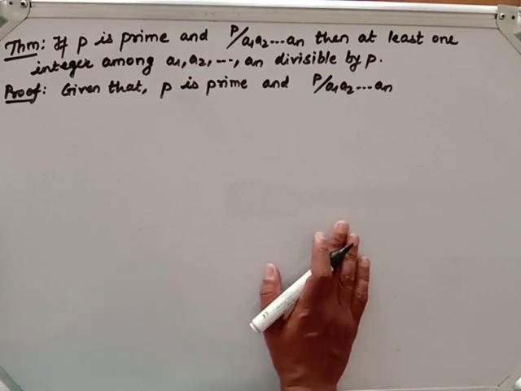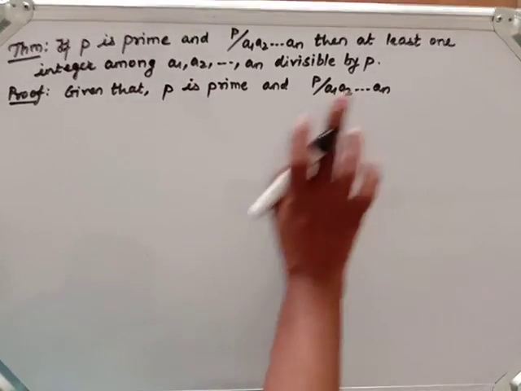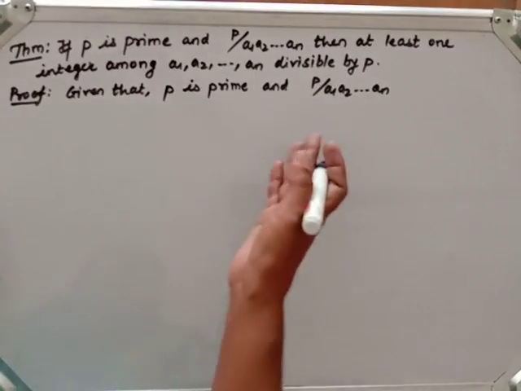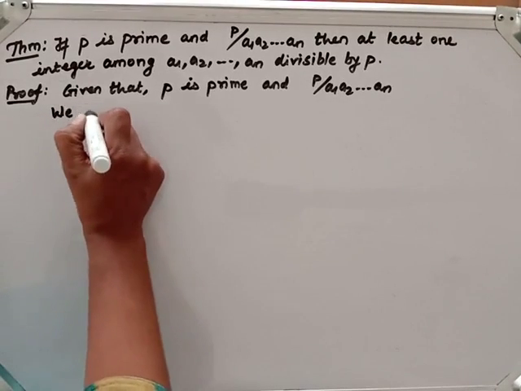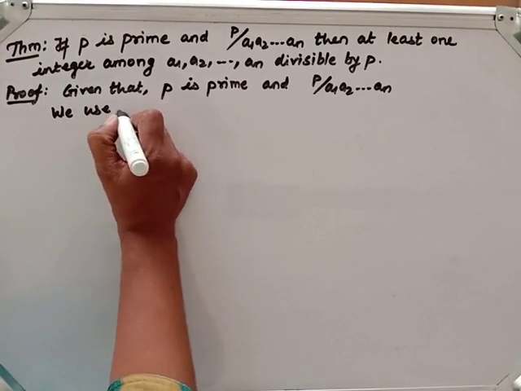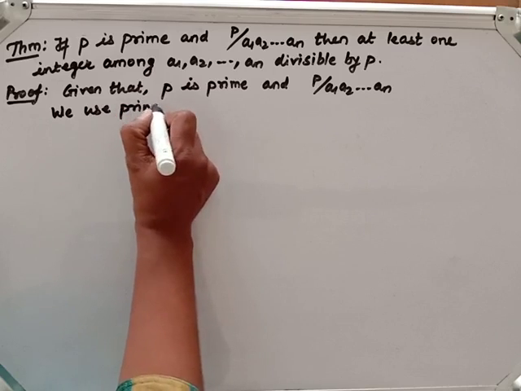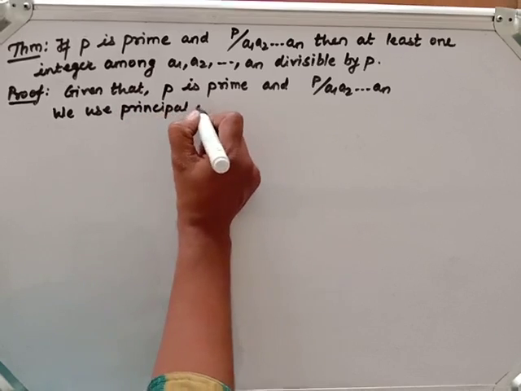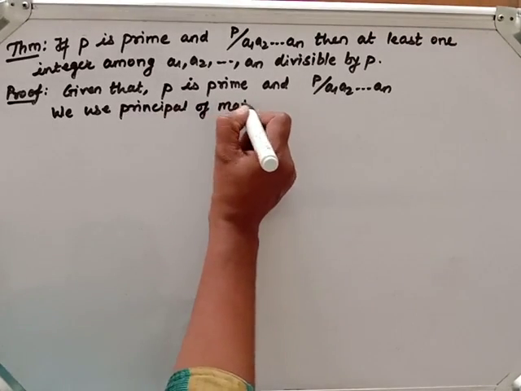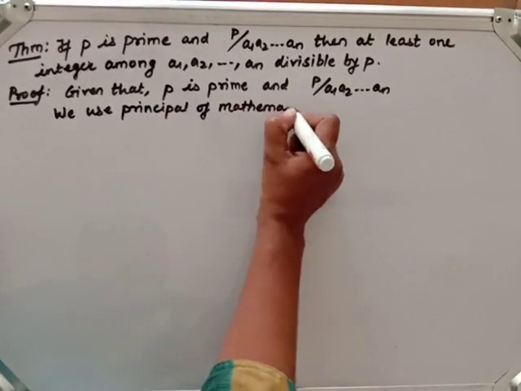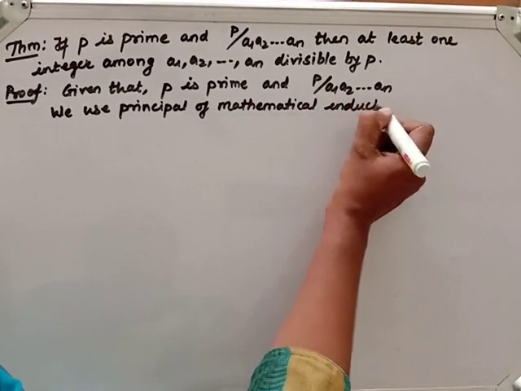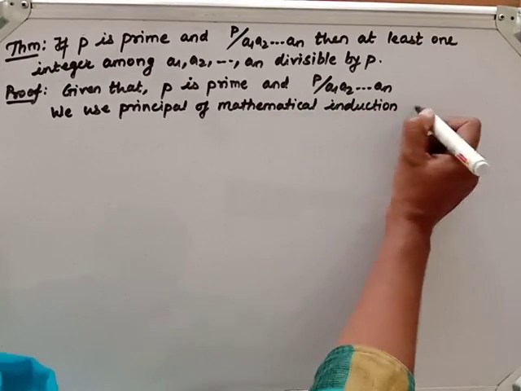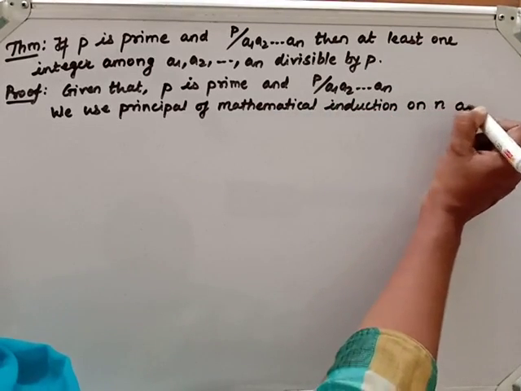So it's better to use the principle of mathematical induction on n, as these are n numbers, and n is a suffix, which is a natural number. So we prove this result using the principle of mathematical induction on n.